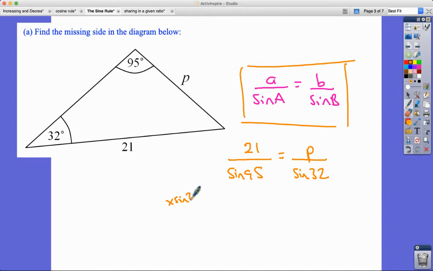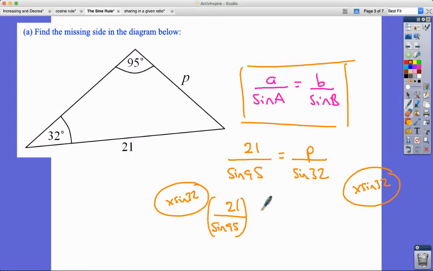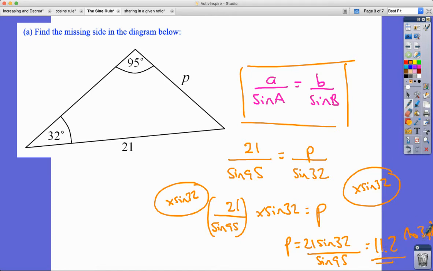All I need to do at this point is to times by sine 32 on both sides, and I'm going to get that 21 over sine 95 times sine 32 equals p, and therefore p, if I simplify that a little bit, 21 sine 32 over sine 95. Keying very carefully again into the calculator, we get an answer of 11.2 to 3 significant figures. Again, looks okay to me. I'll accept that one, and I've done my sine rule correctly.